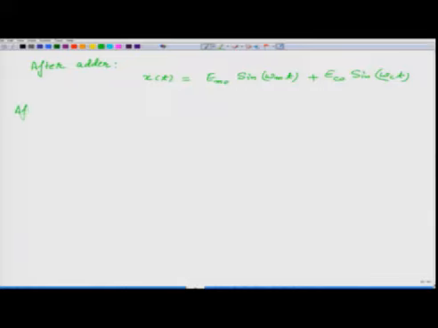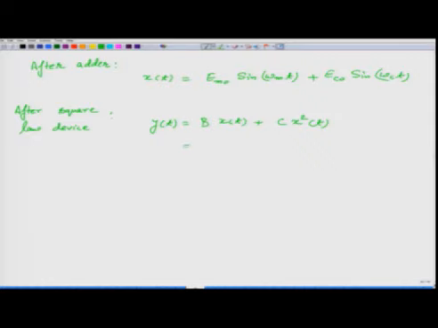Similarly, after the square law device, the signal that we will get is given by y(t), which is equal to b x(t) plus c x(t) squared.